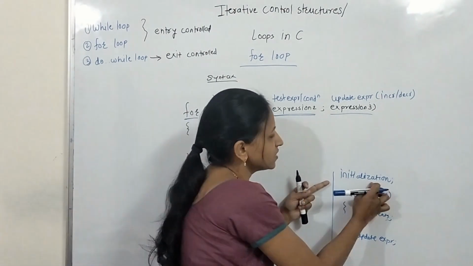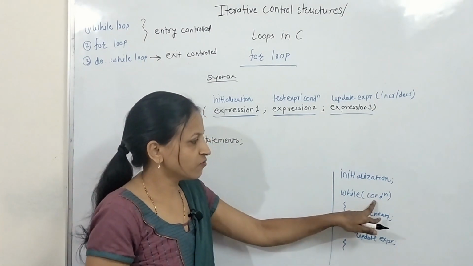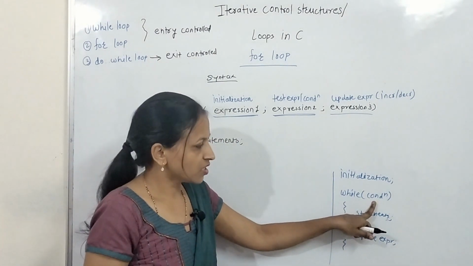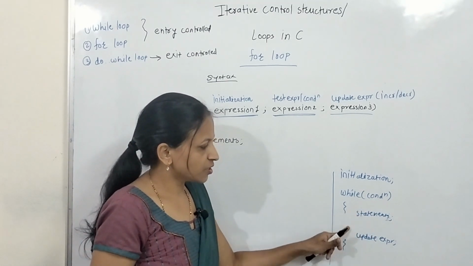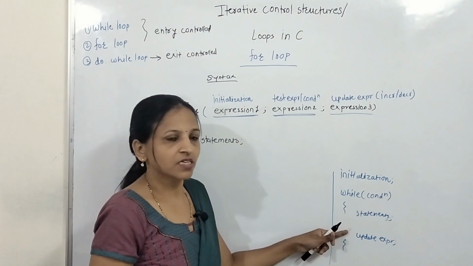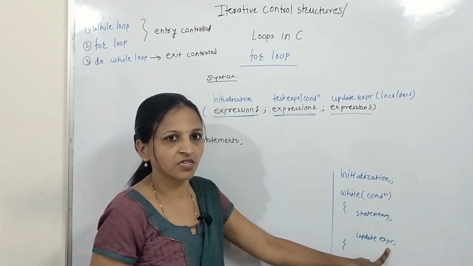Now see, what is this initialization? Initialization is nothing but initialization of the counter variable. Then whatever condition or test expression we have to place, we can place here. The statements to be executed again and again till this condition is true, we will write here, and finally we will write the update expression here.